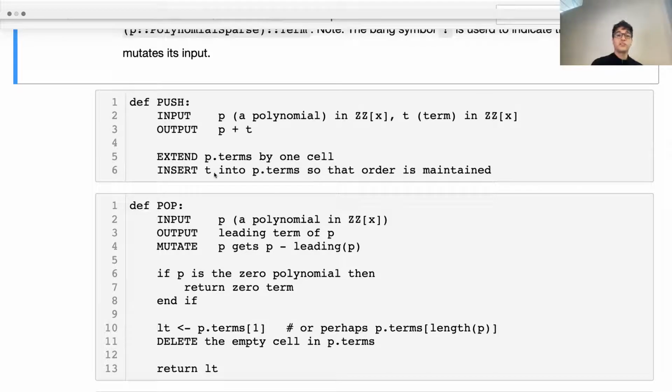So in order to push a single term into a polynomial, you need to extend. I'm presuming you have some attribute in your structure called p dot terms, where you're holding a vector of terms. So if you want to push a term into that, you have to extend that term vector by one cell and then insert t into it while maintaining order, right?